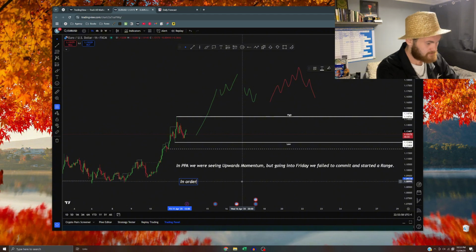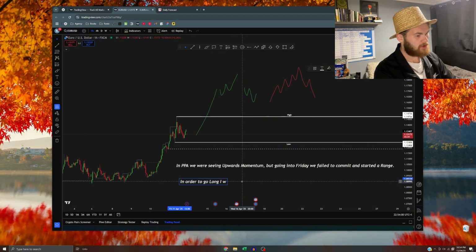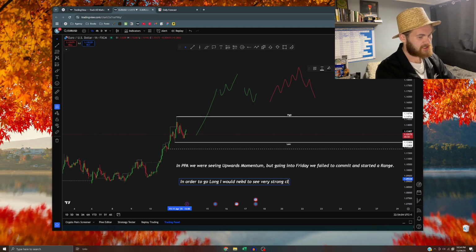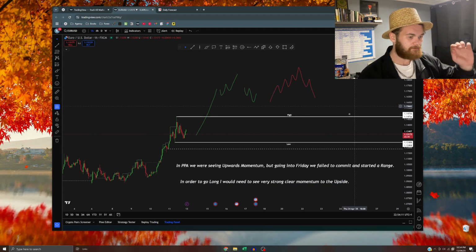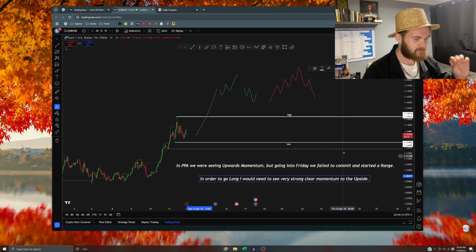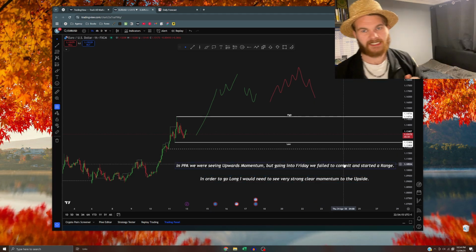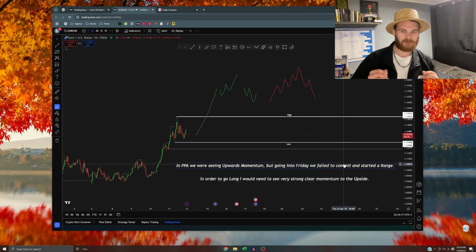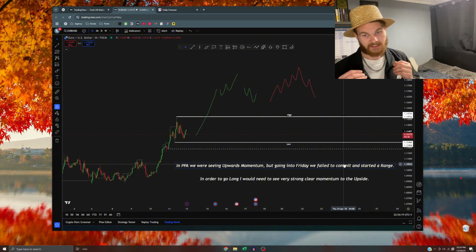In order to go long, I would need to see very strong, clear momentum to the upside. I know this can look incredibly simplified right now, and I understand that I can be making this look incredibly simple, and I know that trading is far from easy.